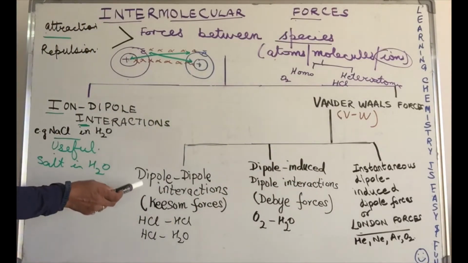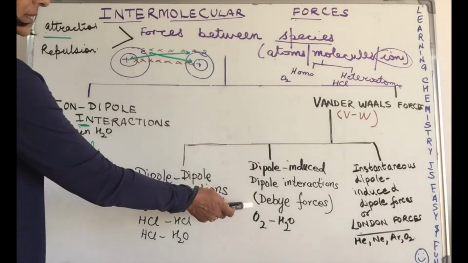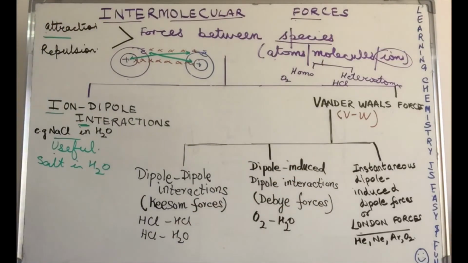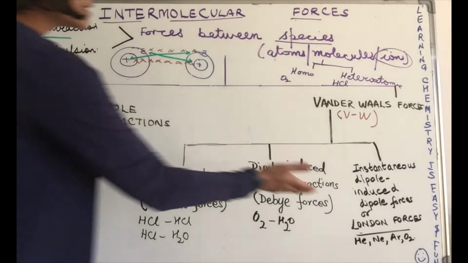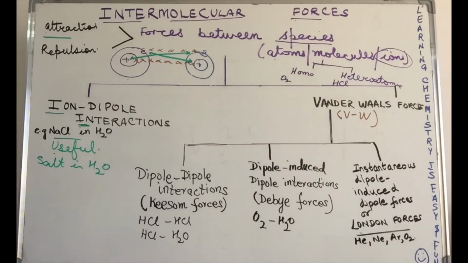The first ones are also called as Keesom forces. The second one are the Debye forces. The third one are also called as the London forces. Sometimes it is the London forces which are also called as Van der Waals forces. Don't get confused. As long as you understand the concept, it should be good enough for you, right? So are we ready to go on with the ion dipole interactions?